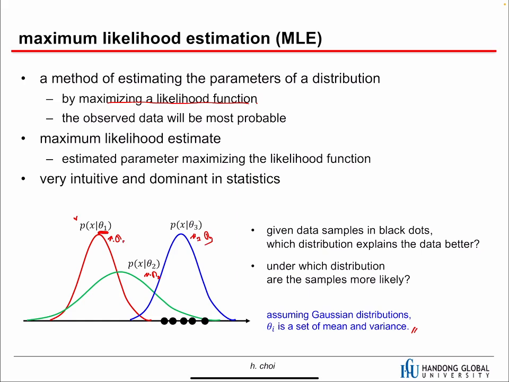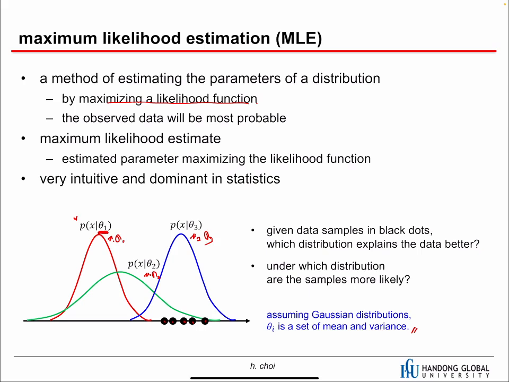Okay, so if we have specific parameters, then we have a distribution like this, and the likelihood is calculating how likely the samples are coming from this distribution. For example, in this graph, we have 5 samples here. If we change the parameters for the Gaussian distribution, we can come up with many distributions.